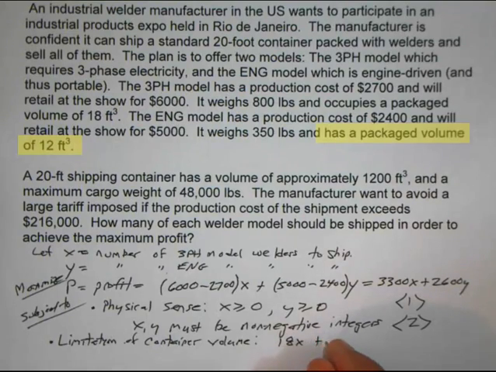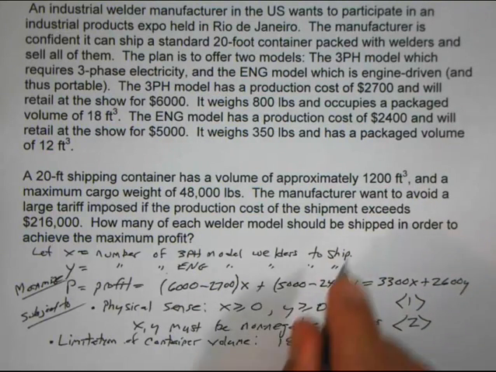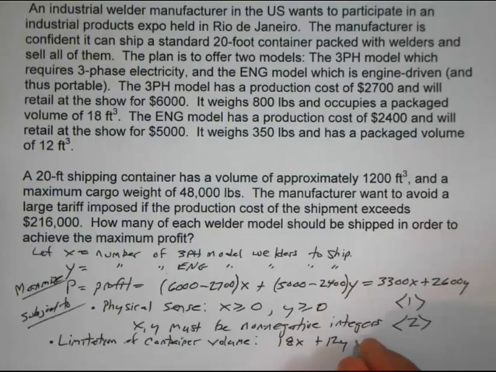So we're looking at plus 12y for the ENG model volume overall, and the container has only got 1,200 cubic feet available, so this has to be less than or equal to 1,200. We could consider that inequality 3.